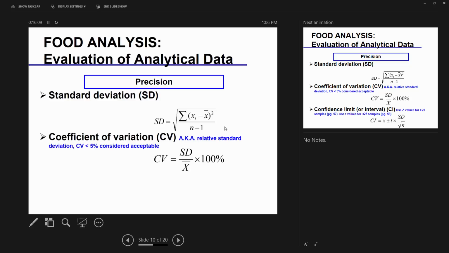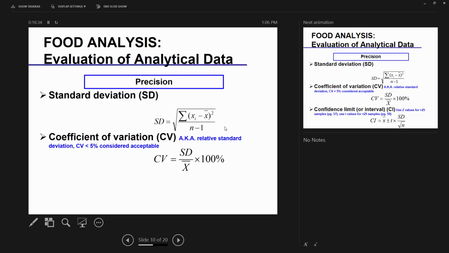Now, coefficient of variation sometimes is more meaningful than a standard deviation. I'll give you an example why. For now, coefficient of variation takes into account your average. So you have your standard deviation and you divide it by the average and you multiply by 100. Here you are standardizing your variation based on the size of your mean.